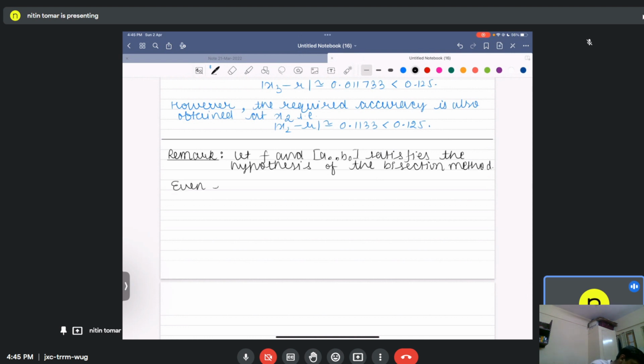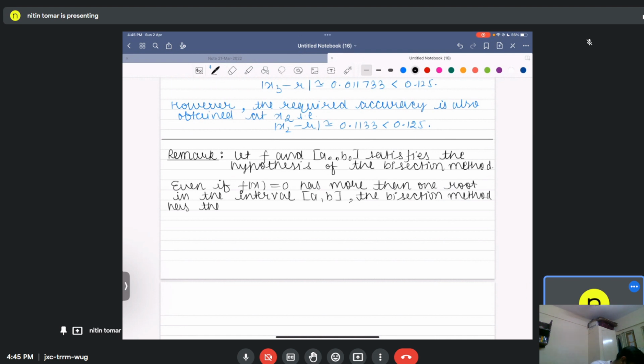So the remark is, even if f(x) equal to 0 has more than one root in the interval a, b, the bisection method has the root it tries to approximate.